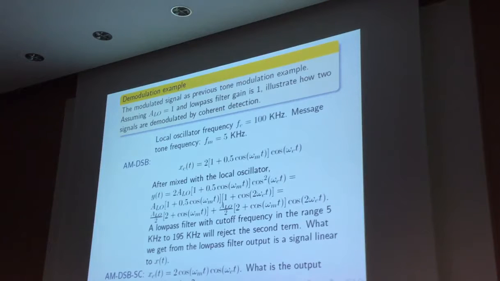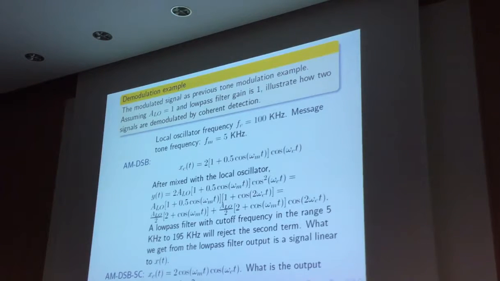Message signal multiplied with the term in the bracket, which is 1 plus cosine 2 omega_c t. Okay. Then expand it. This term corresponds to the message. This term corresponds to another AM DSB-SC modulation, which means that its spectrum should be located at a very high frequency band. So we can use a low pass filter to reject this term and obtain this term.